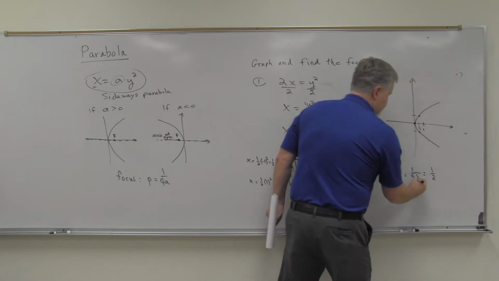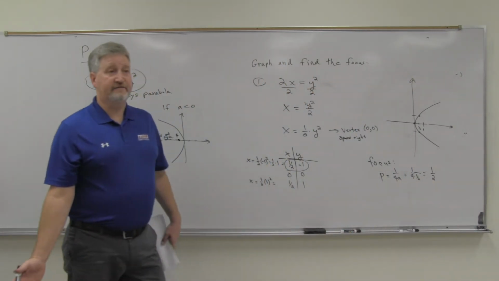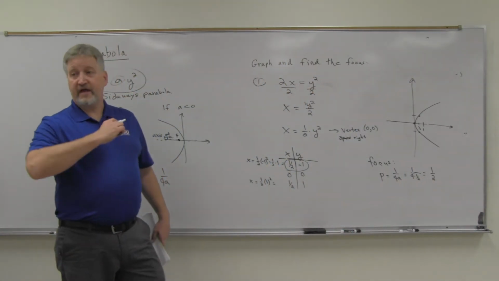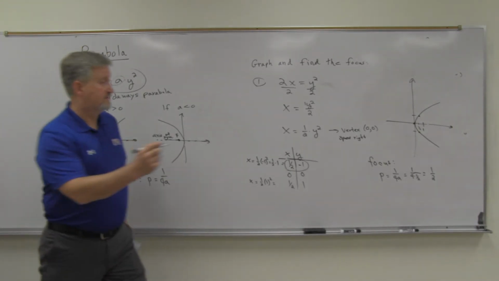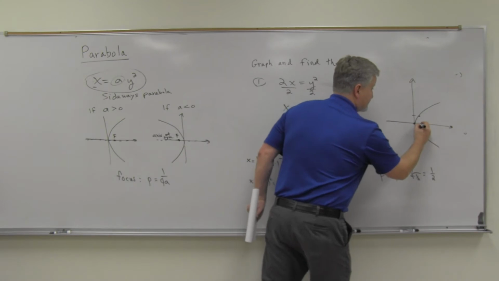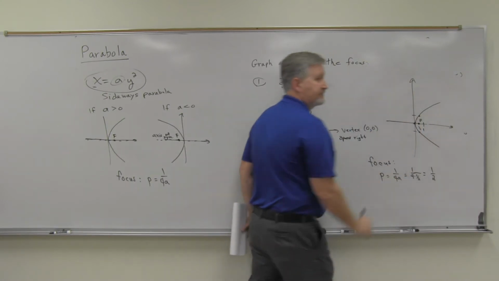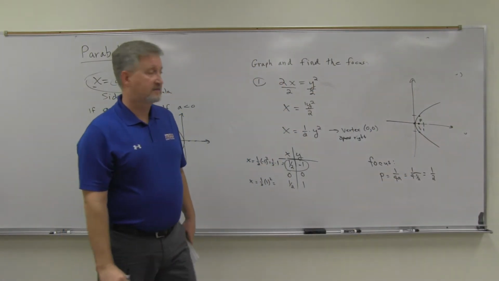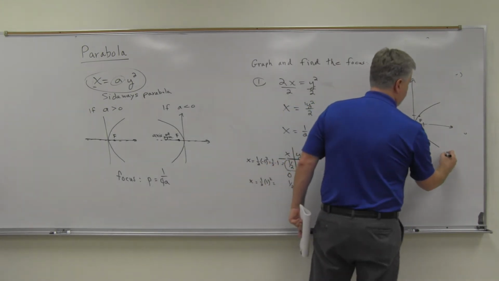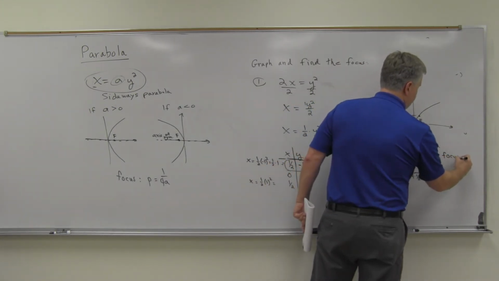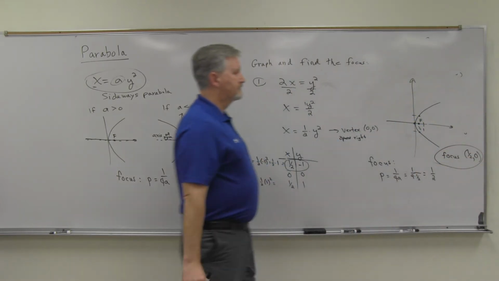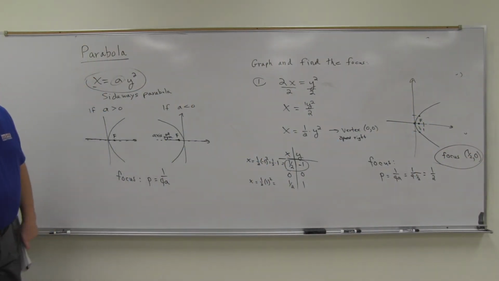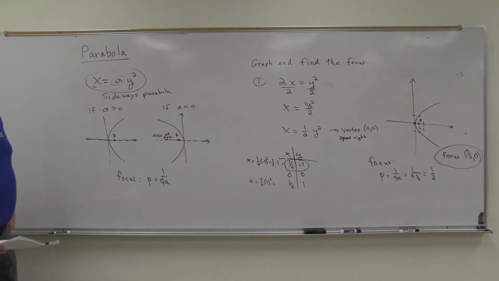So the P distance is 1/2. Now, it's along the axis of symmetry inside the parabola, so where is that? It's right on the x-axis at 1/2, isn't it? So there's my focus. What is the actual point? 1/2, 0, yes. So it's not that hard to calculate that little P distance there.